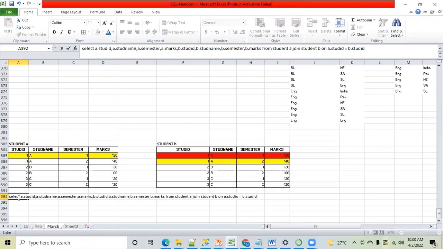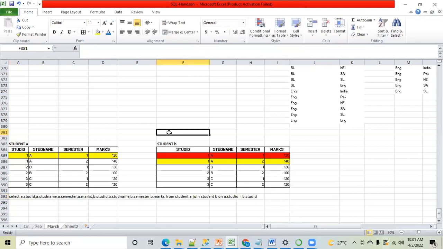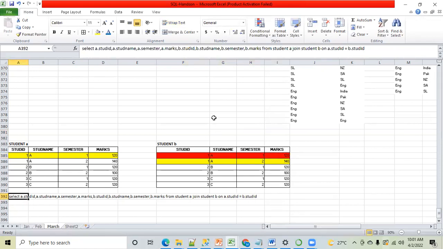If you execute this query, your SQL engine will compare with this record as well. Then we have greater than. B marks greater than A marks.